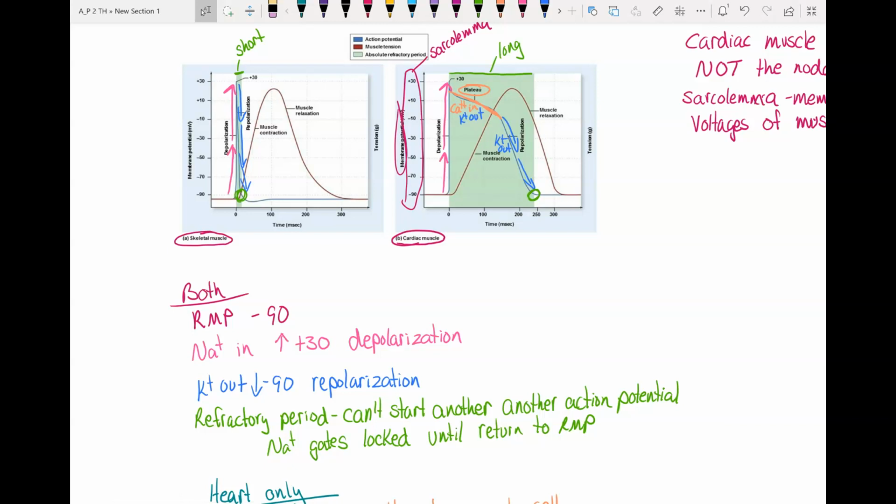Now let's look at the significance of this. Notice we have this red line here that shows muscle contraction. So here is the muscle contracting, right? And then here is the muscle relaxing. Notice in the skeletal muscle, the muscle contraction and relaxation both occur after refractory is over.